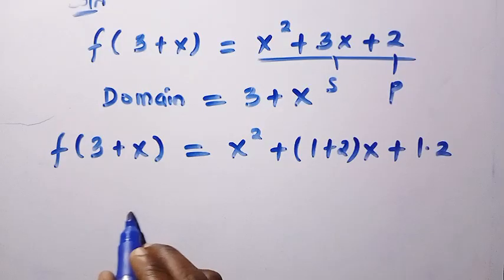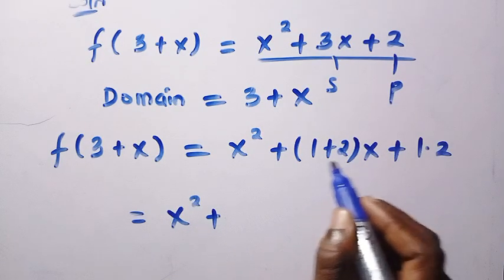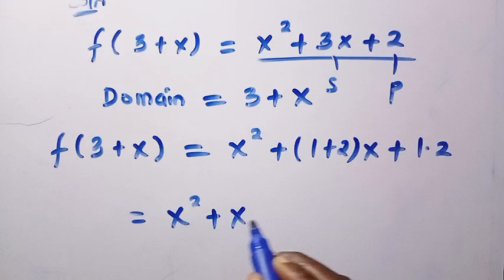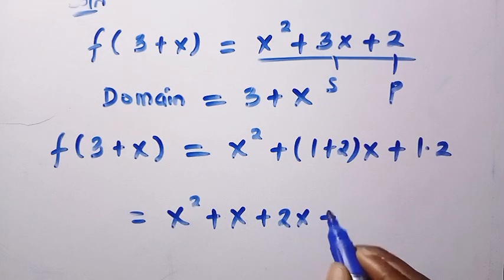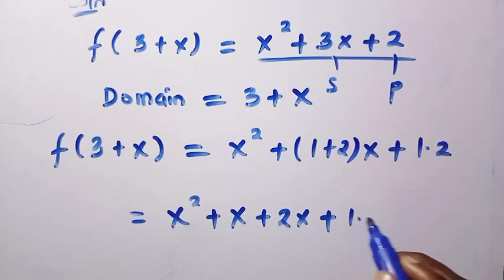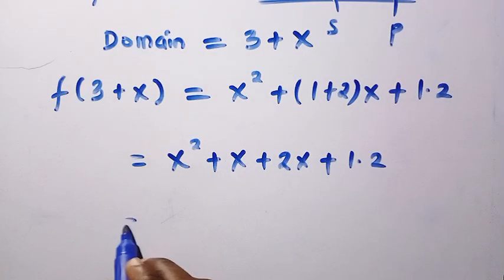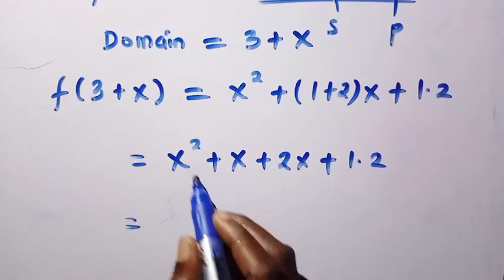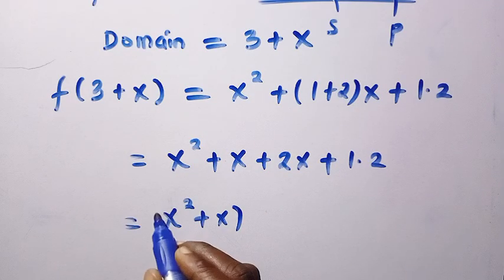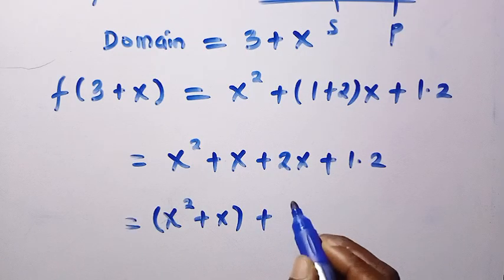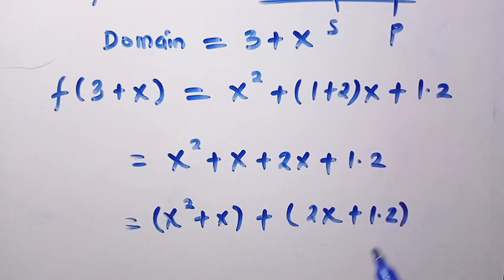After knowing this, we have this equals x squared plus, open this bracket, 1 times x, that is x, plus 2 times x, we have it as 2x, plus 1 multiplied by 2. So next step, we have to group this. X squared, we group it with x, and also we have 2x, we group it with 1 multiplied by 2.